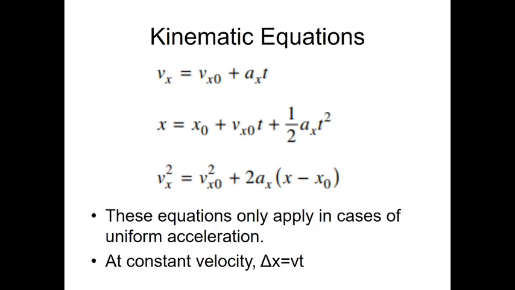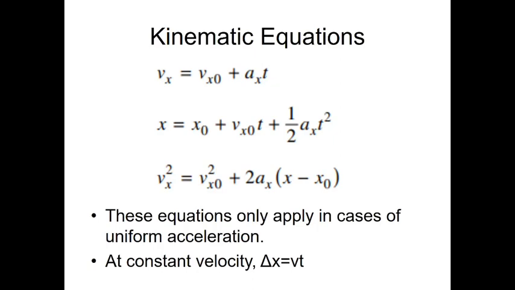These are the kinematic equations that you'll be using off and on all year long in this course. The top one shows us that Vx, sometimes you'll just see this written as V, that's final velocity, is equal to Vxo, which sometimes you'll just see written as Vo, that's the initial velocity, plus the acceleration times the time.